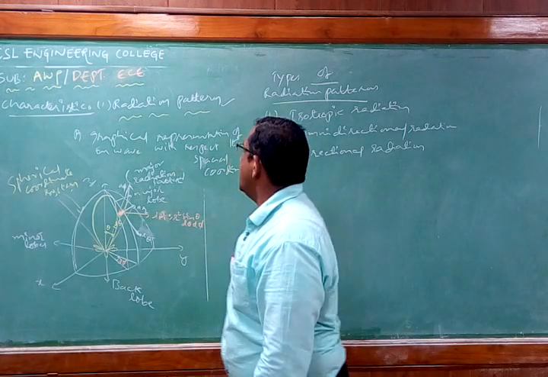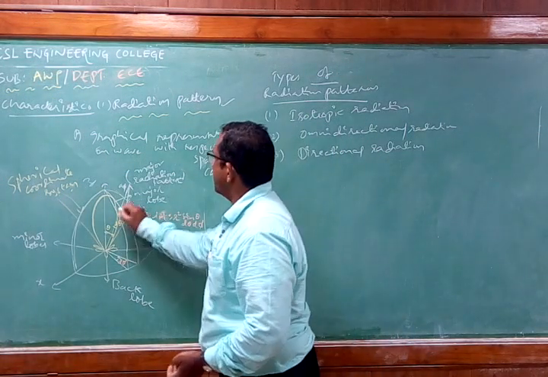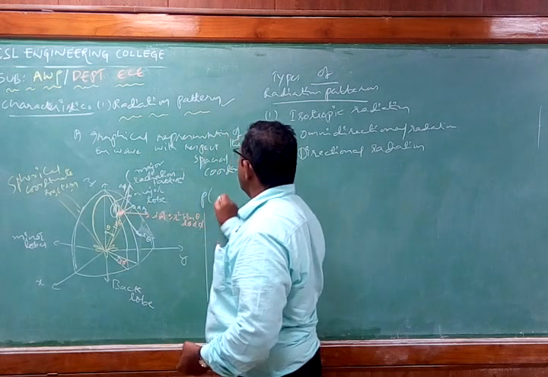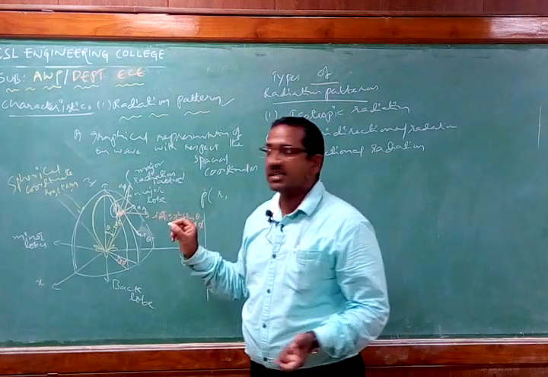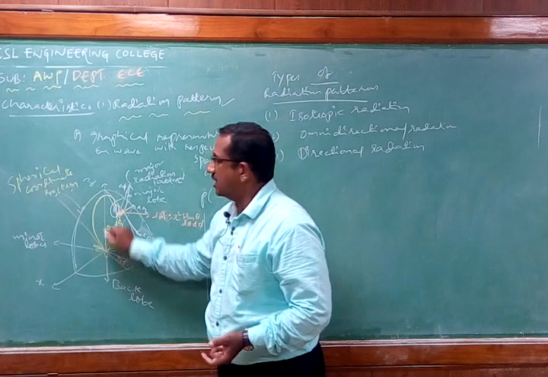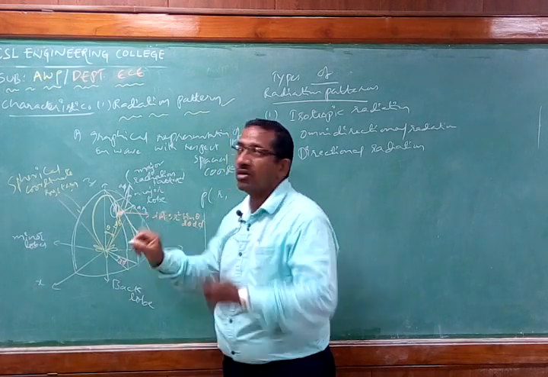Okay. Now what is a point in a spherical coordinate system? Say for example this is my point P. This point P is represented by R, which is called the radial distance. That means from the center, the origin of the coordinate system, a radial distance where you are considering a point on the sphere.